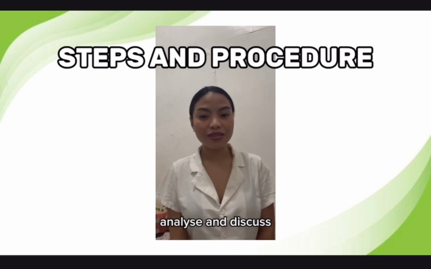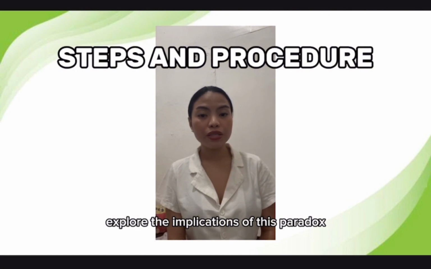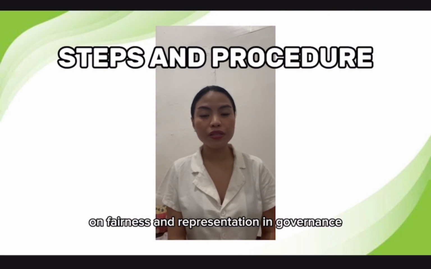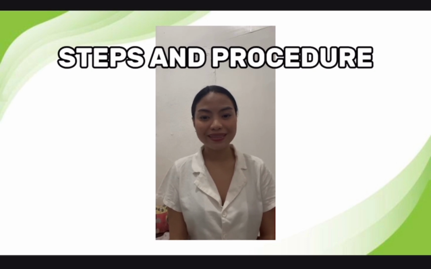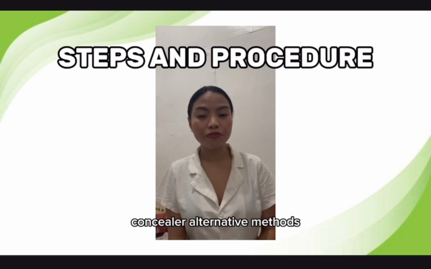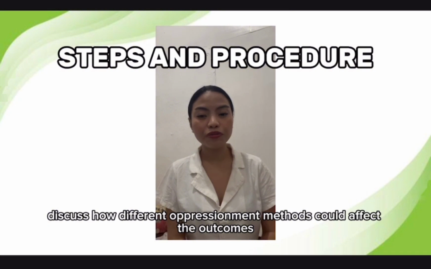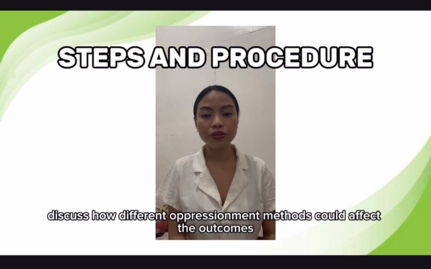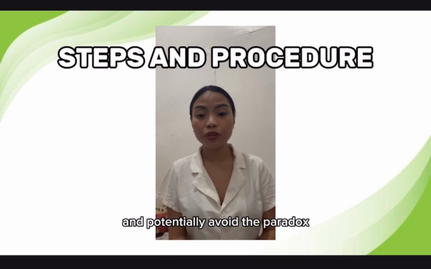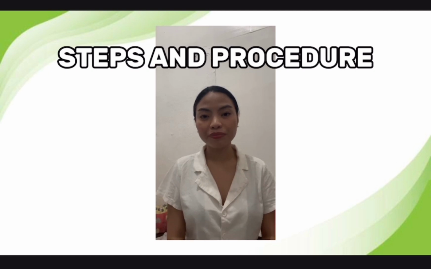Analyze and discuss. Explore the implications of this paradox on fairness and representation in governance. Consider alternative methods. Discuss how different apportionment methods could affect the outcomes and potentially avoid the paradox.